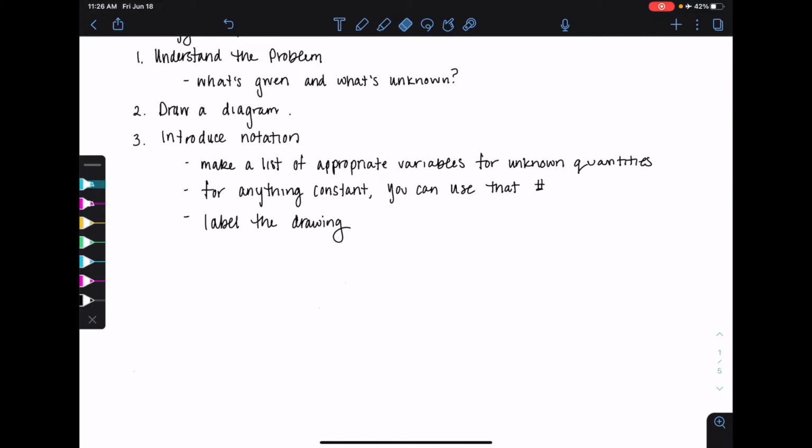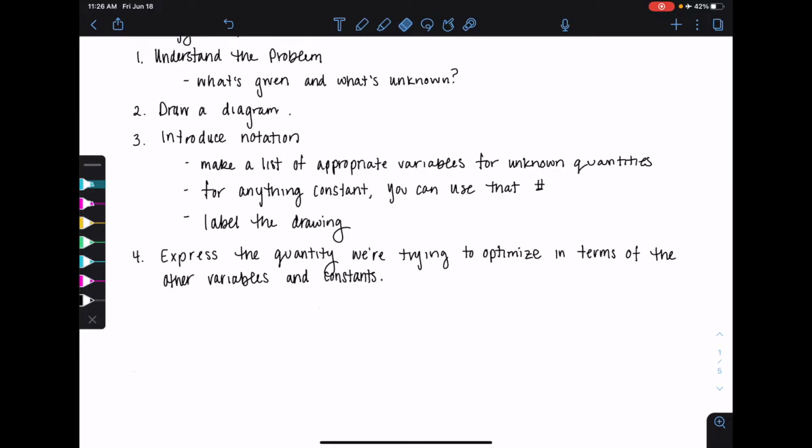Now, you have some quantity you're trying to optimize, whether that be I'm optimizing the area of this rectangle given a particular perimeter. So you want to express the quantity you're trying to optimize in terms of the other variables and constants we've assigned. The problem is, think of area, it deals with a length and a width. Maybe they're both unknown. So what happens when you have multiple variables?